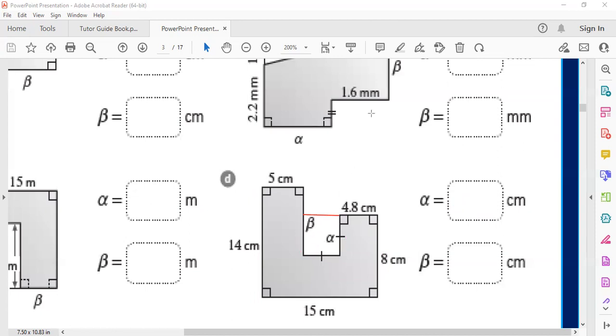Okay, I draw this. And I also make you understand that this line and this line are the same. So if this is 5.2, this is also 5.2. Where? From here until here. This is 5.2. Okay? This is 14. This is 5.2. This is 8. Okay? This is 8. How much is this?